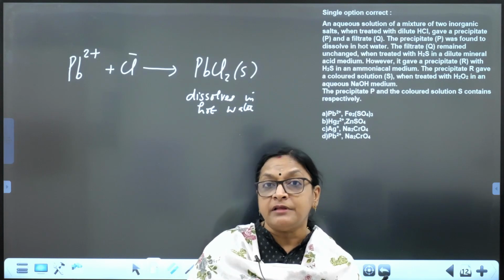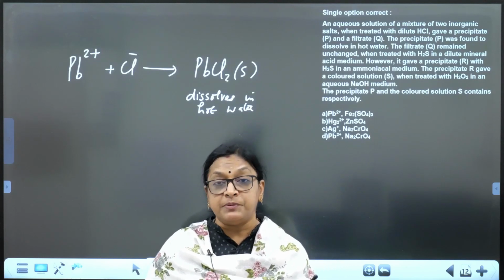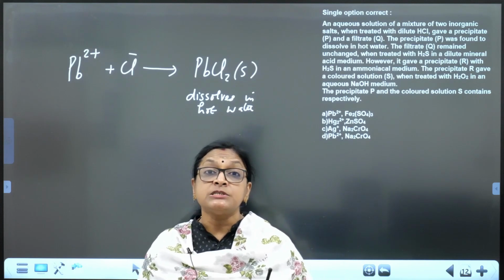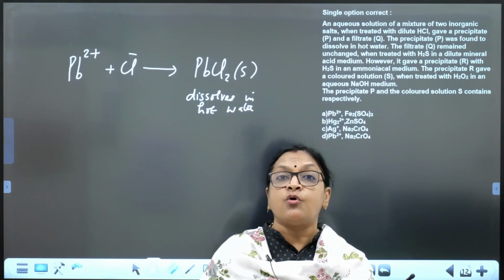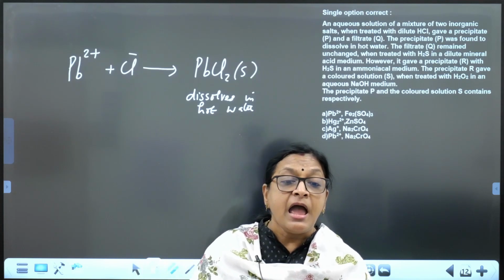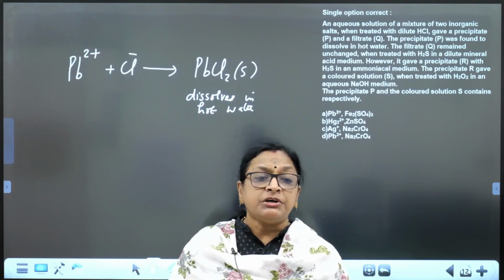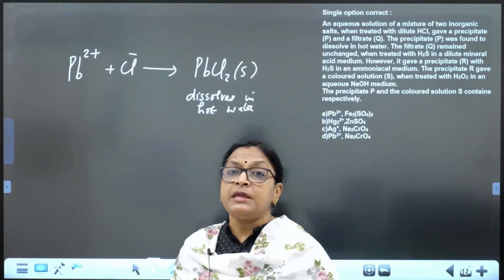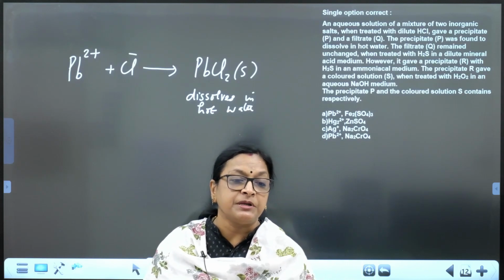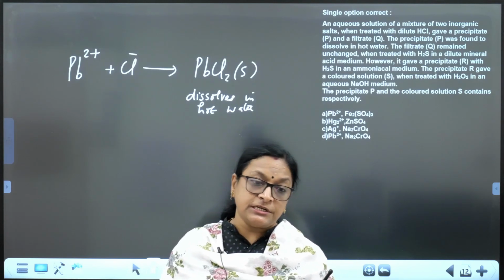So it's very clear that whoever the cation present in the precipitate is, it is oxidized by H2O2 in alkaline medium. An oxidizable species must be present there, which forms a colorful solution. So definitely it cannot be ferric, because ferric is not oxidized by H2O2 in alkaline medium. And zinc, Zn2+, is not going to give a colorful solution.